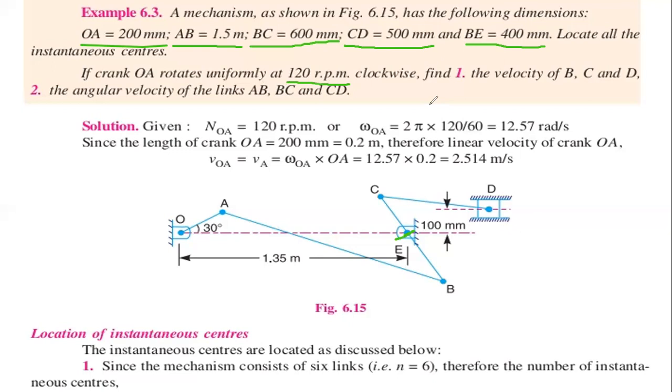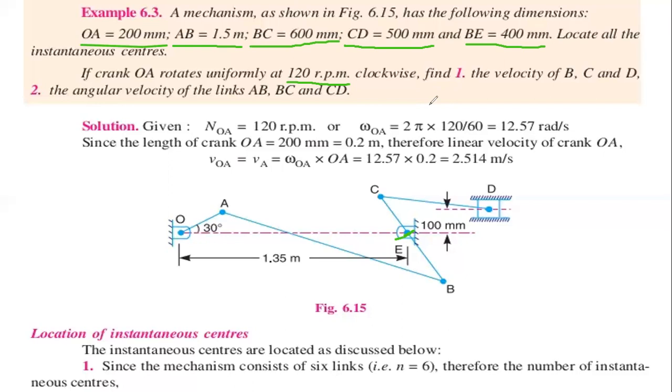Then find the velocity of B, C and D, and then the angular velocity of the links AB, BC and CD.